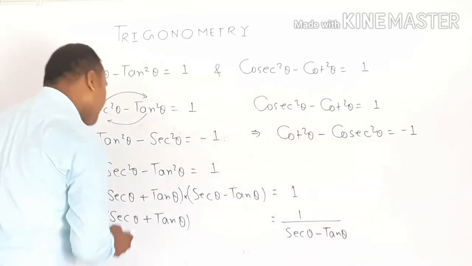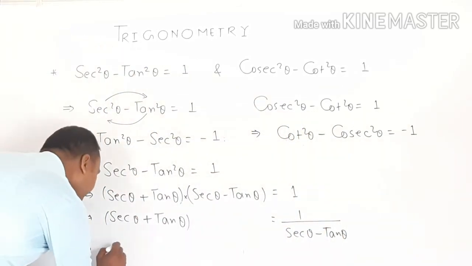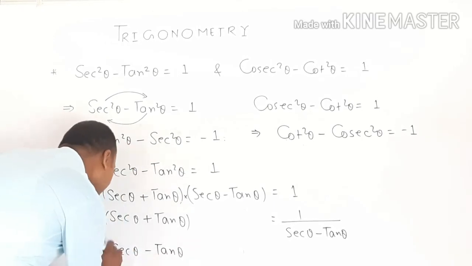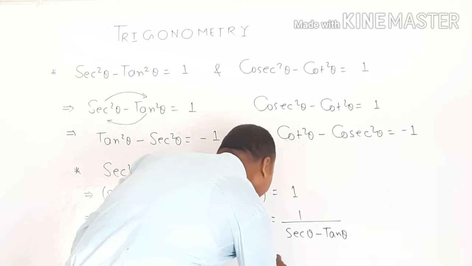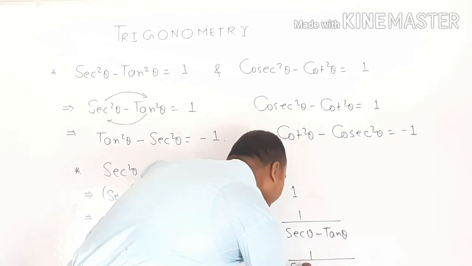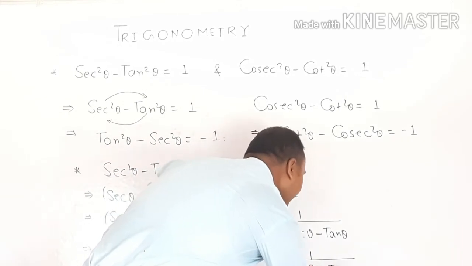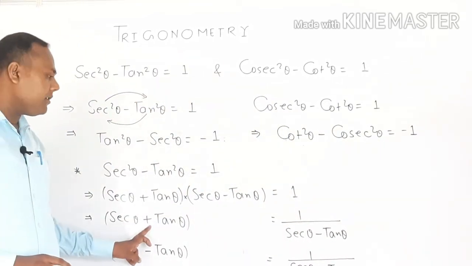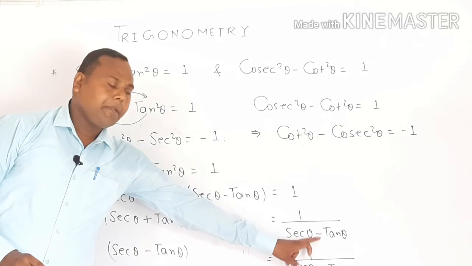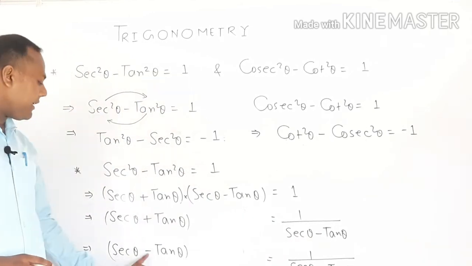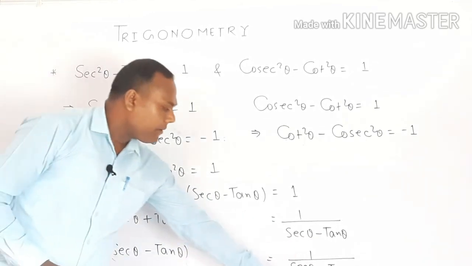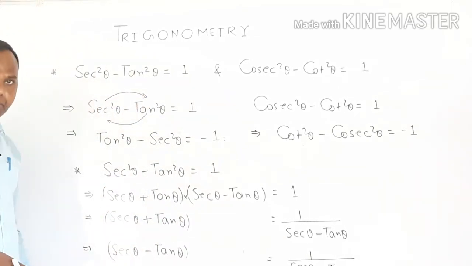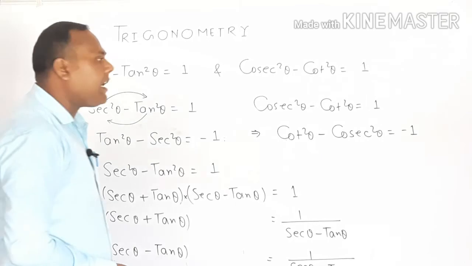And we can also write sec of theta minus tan of theta as 1 upon sec of theta plus tan of theta. That means if plus is here, then minus will be there, and if minus is here, then plus will be there. These results are very important for solving trigonometrical identities.